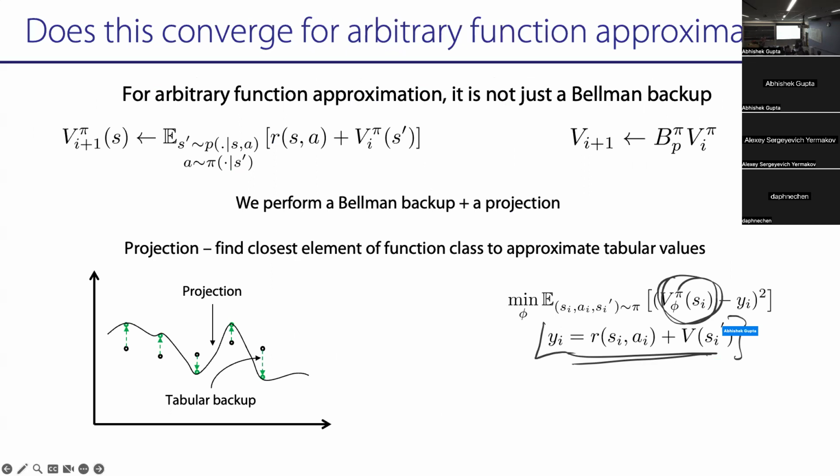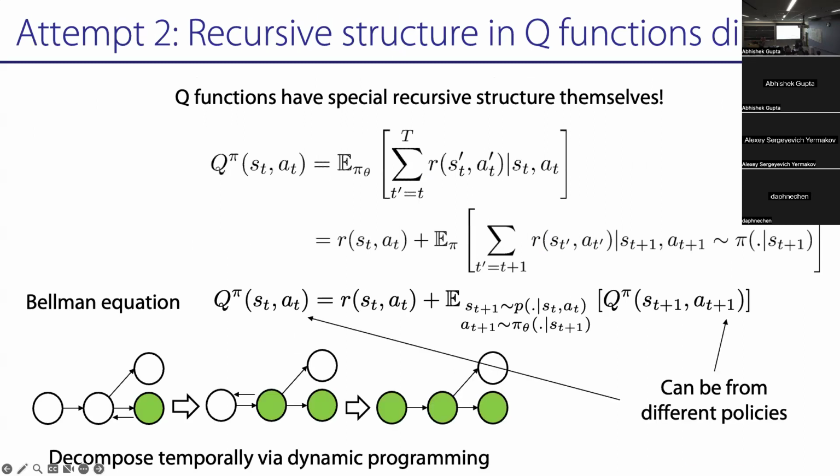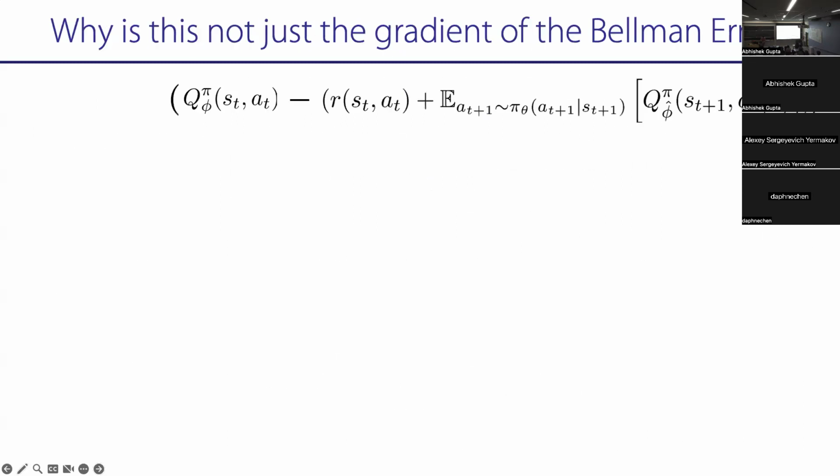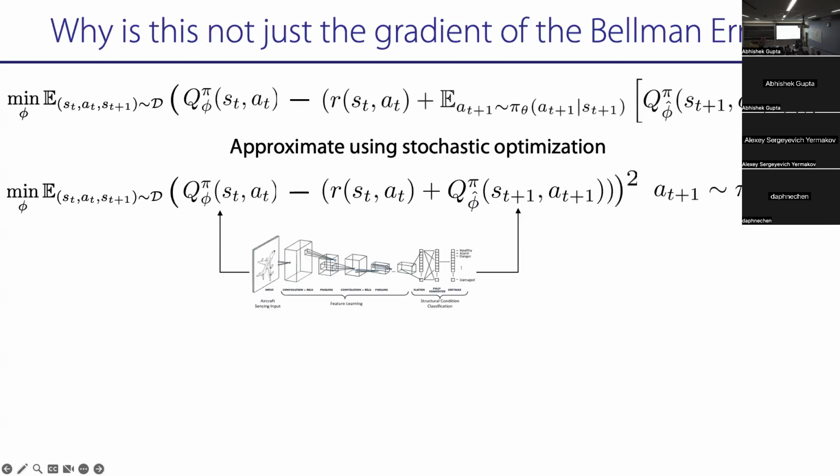The reason I've labeled this as phi and phi hat is that at this point phi hat is equal to phi, you're just going to stop the gradients through it. It's the same thing of constructing targets on the right-hand side. You take every sample and construct a target for it, and you don't take the gradients through the right-hand side, because it's a fixed point iteration procedure, not a gradient ascent procedure.